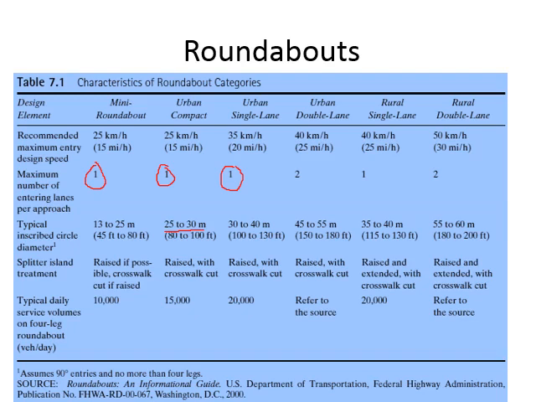Splitter island, it's an island you provide for dividing the traffic from different directions for roads which are coming towards a roundabout. Okay, so these splitter islands can be made in the form of a marking, or they can be in the form of an island, an actual island with curbs.